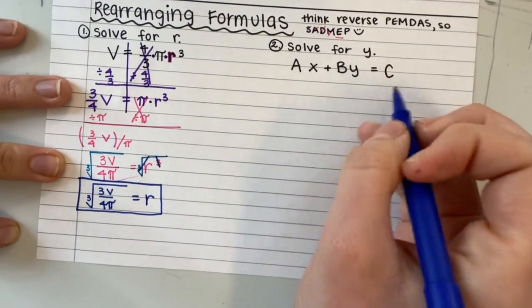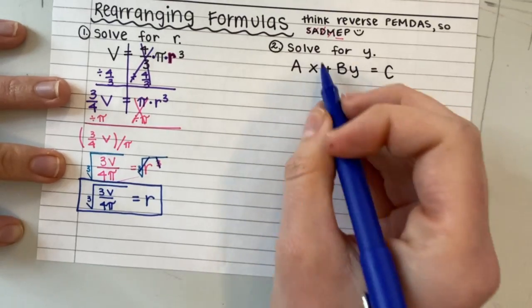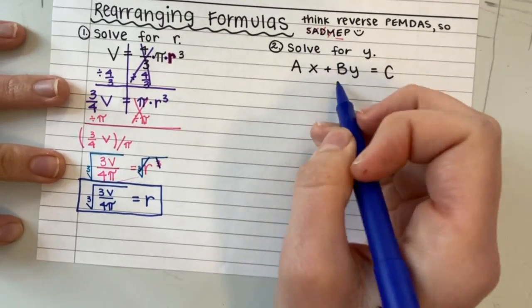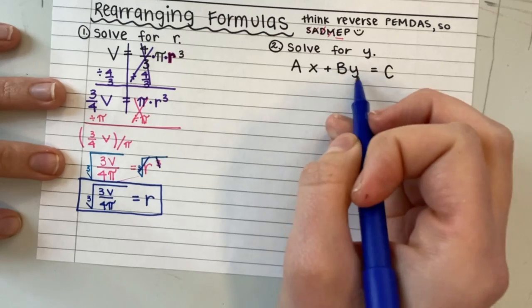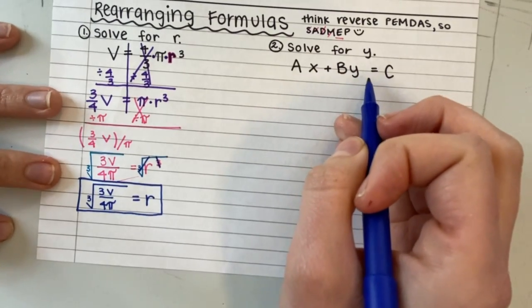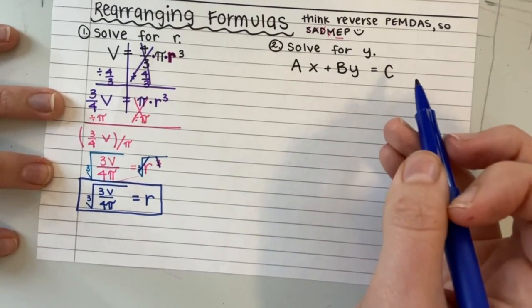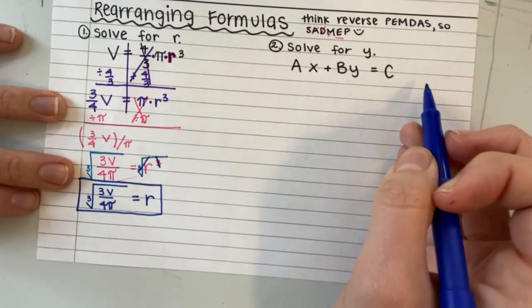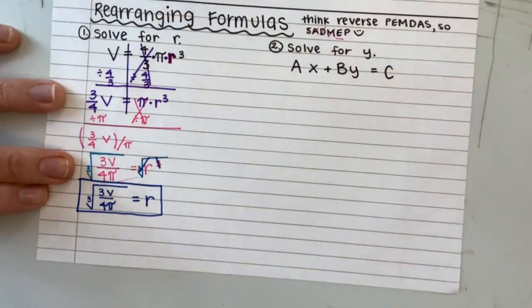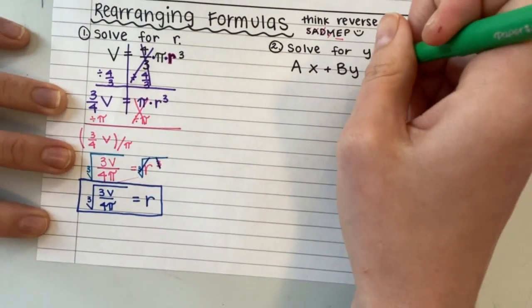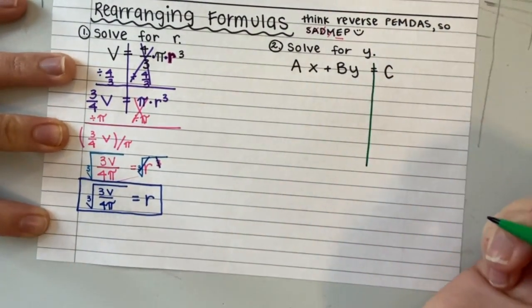This one's going to be a little bit easier because this one will follow our SAD MEP a little bit more strictly, and it doesn't have any exponents or parentheses. So we're really only dealing with subtraction, addition, and then multiplication and division. So the first thing I am going to do is draw my line.